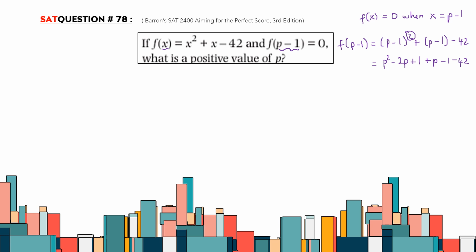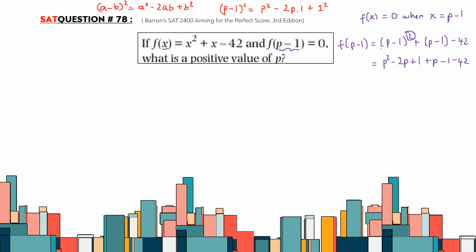Always remember why p minus 1 squared equals p squared minus 2p times 1 plus 1 squared. Remember that a minus b all squared equals a squared minus 2ab plus b squared. A in this case is p and b in this case is 1.